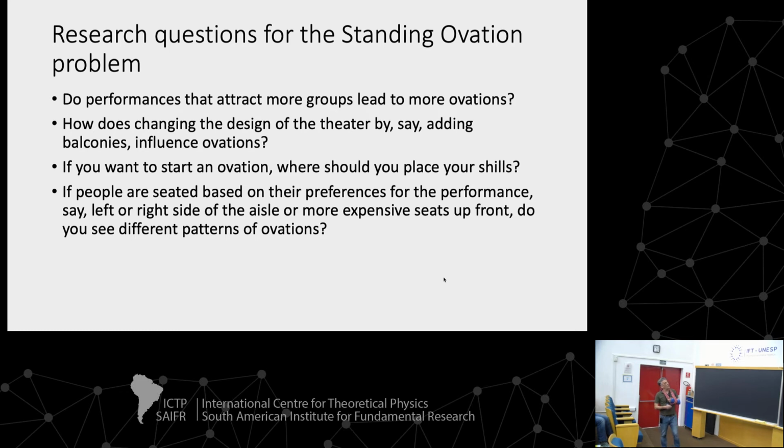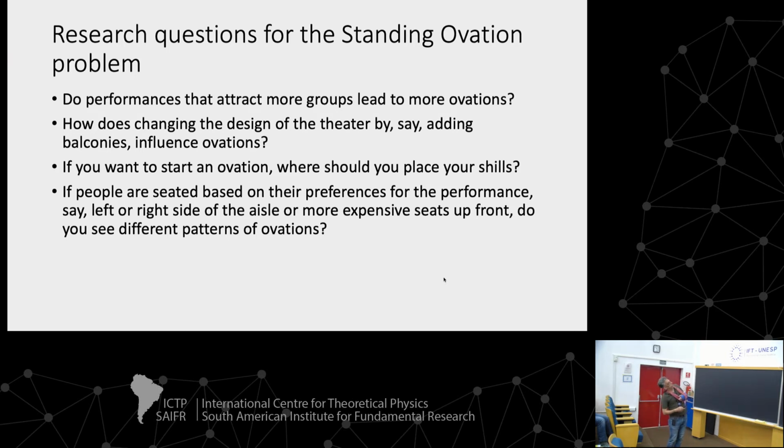So, which can be the research questions from the standing ovation problem? Do performances that attract more groups lead to more ovations? How can a change in the design of the theater, for instance by adding some balconies, influence ovation? If you want to start an ovation, where should you place some shills, some people that start the ovations?